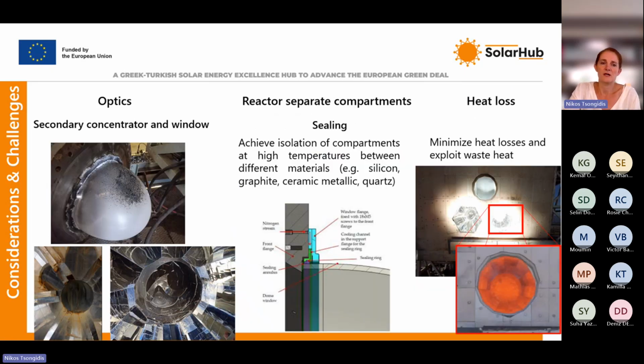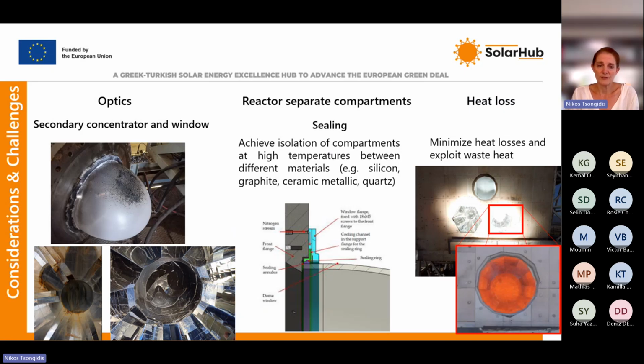On the other hand, outside the reactor, in critical points of the reactor, we have several issues that we could identify specifically for directly radiated cavity reactors, where we have the optics of the reactor that play a significant role, so that the concentrated solar radiation is further focused inside the cavity, and we achieve the temperatures that are needed for the reaction by exploiting the maximum of the available concentrated solar energy that we get from the field.